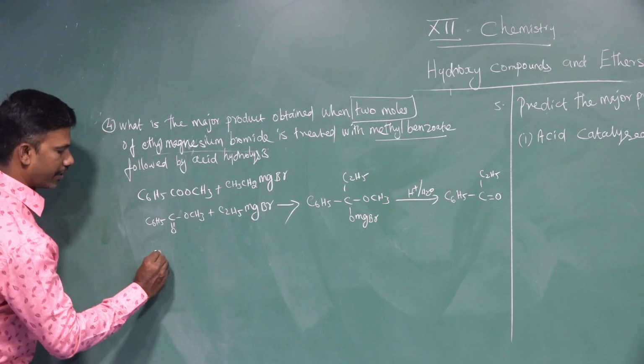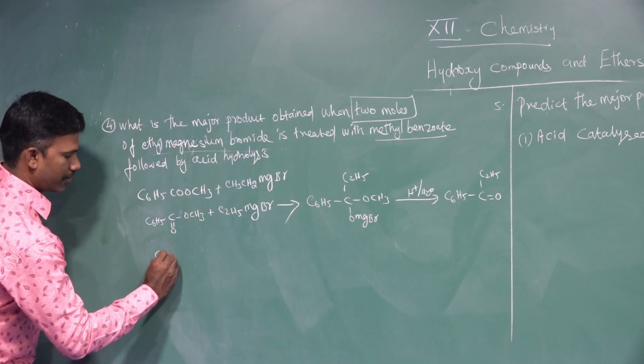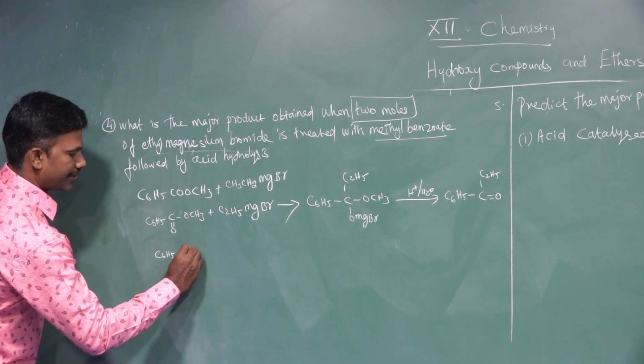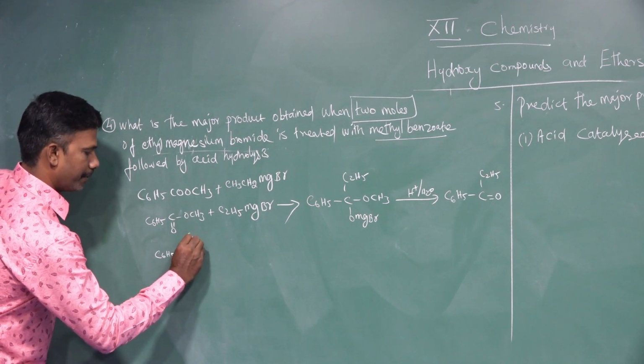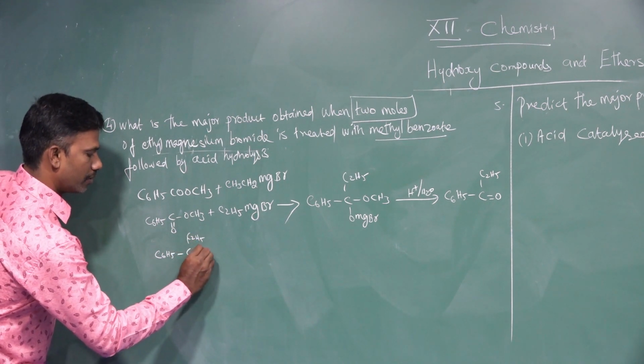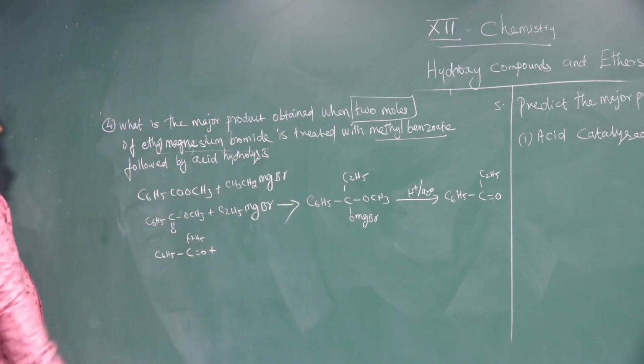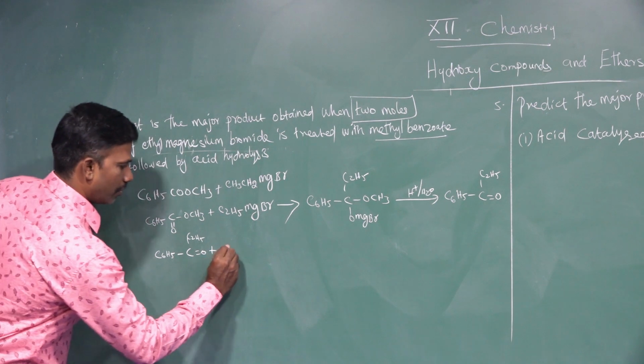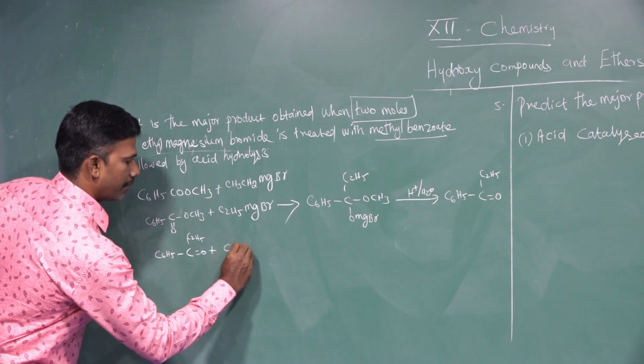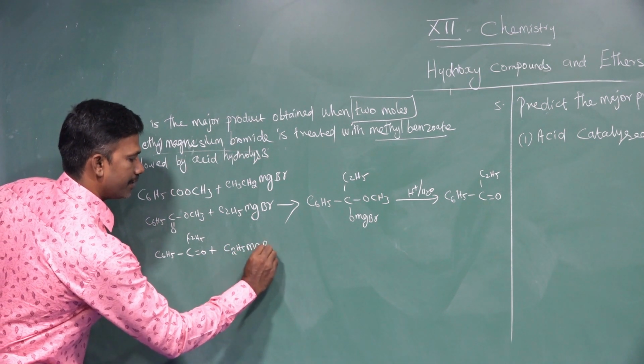Further, you know very well, the second step: the ketone C6H5, C, C2H5 double bond O. This is the ketone. Because we have taken 2 moles, only 1 mole is utilized here. Another mole of ethyl magnesium bromide is taken.